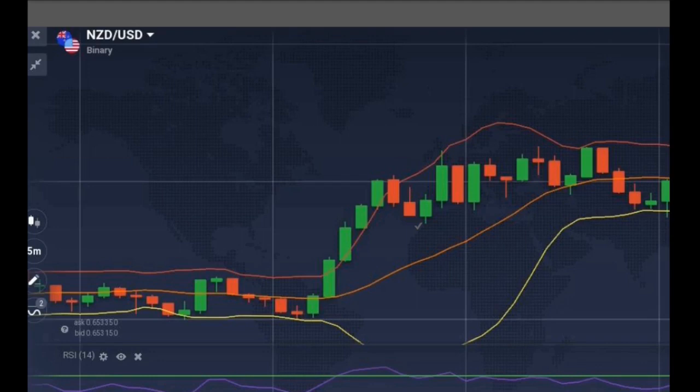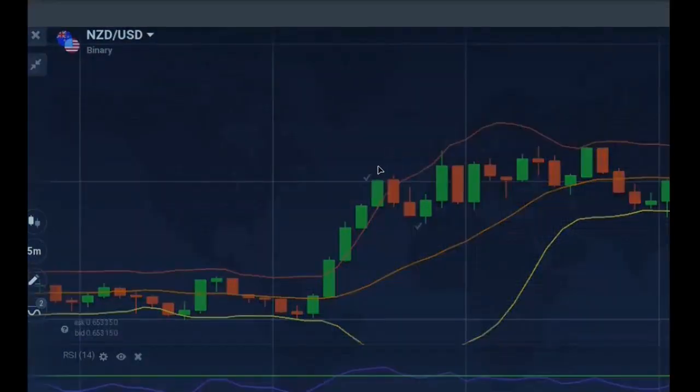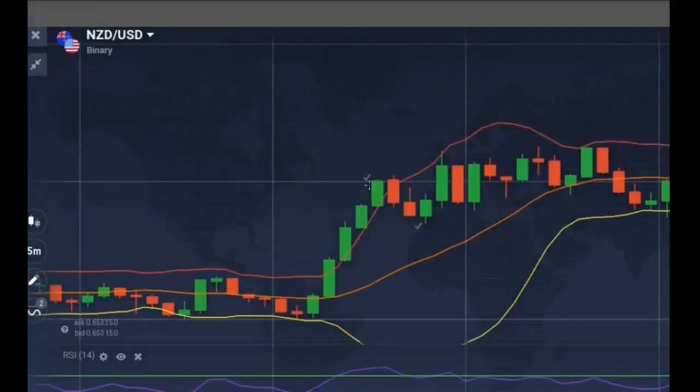So you're waiting for price to rise from the support level and you're waiting for it to cross this particular resistance level. Remember, this is the level where the buyers resisted buying.